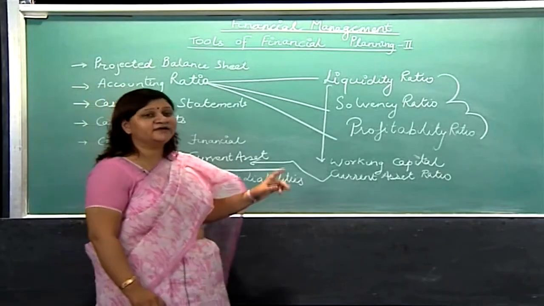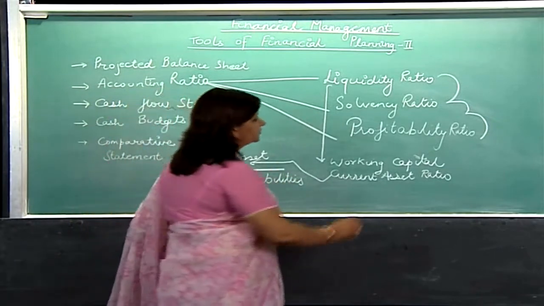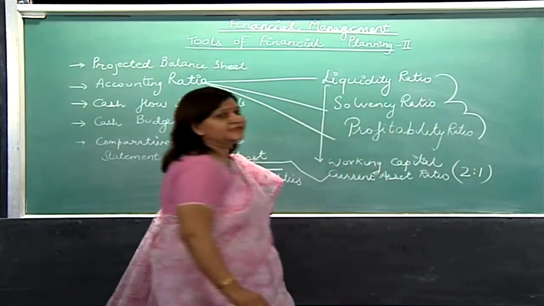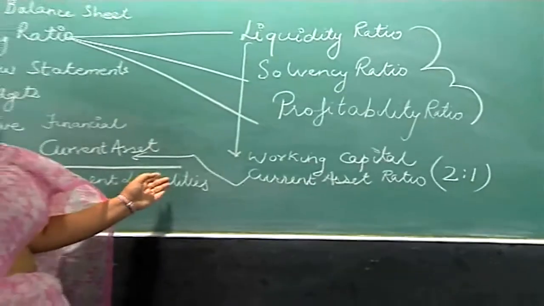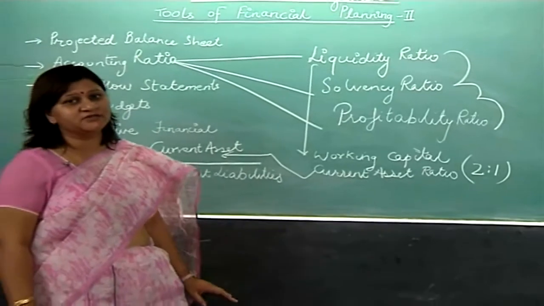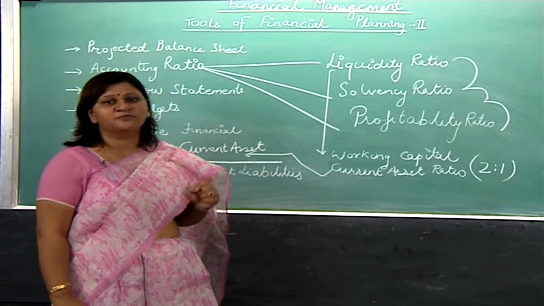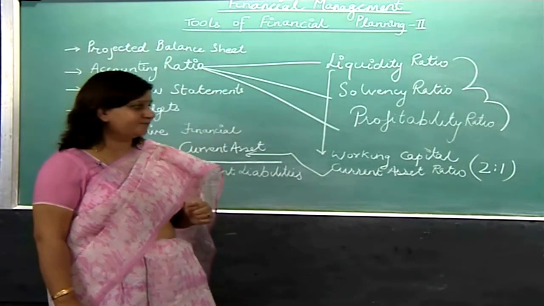The ideal current asset ratio is 2:1. That means the assets should be double of the liabilities. So it will present the strong short-term financial position of the company.